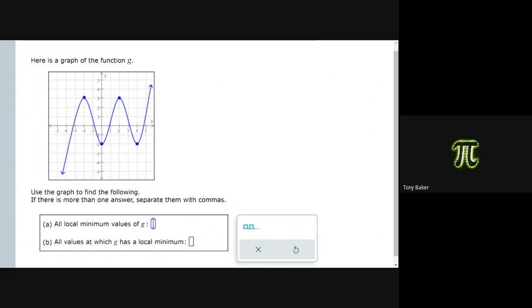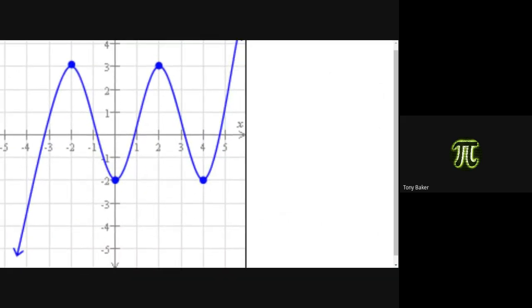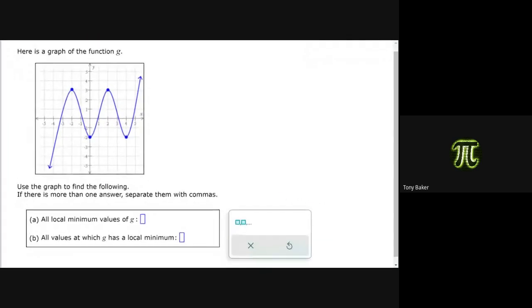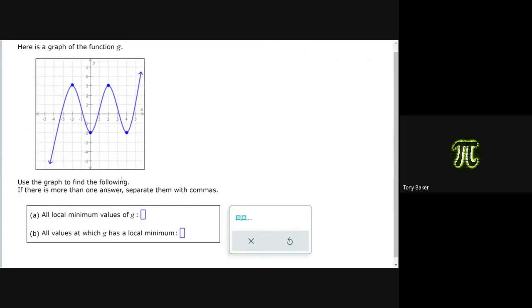So let's look at local maxes and mins on this one first. They're asking for the minimums, but what are the local minimums on this one? My local minimum is actually just -2. It just happens to be twice, right? So the local minimum value is -2.